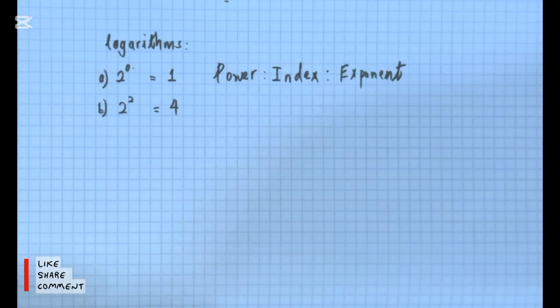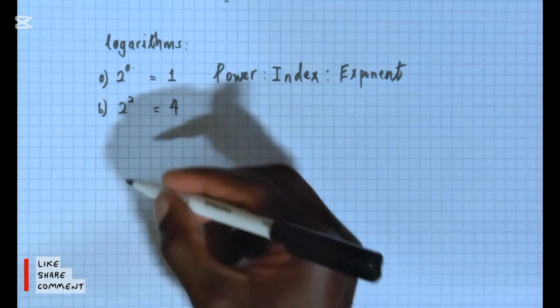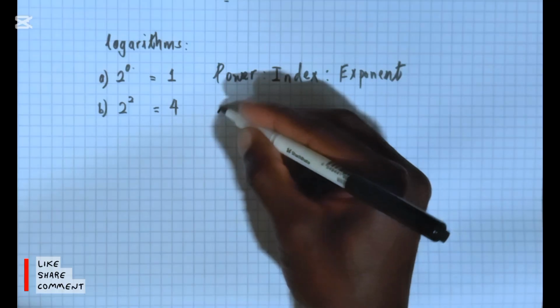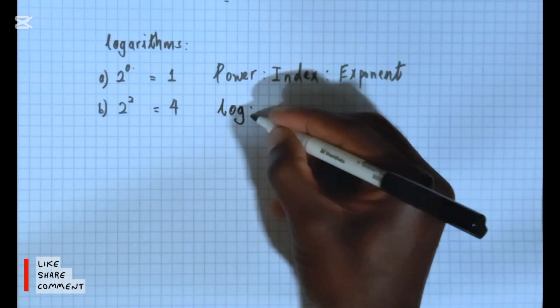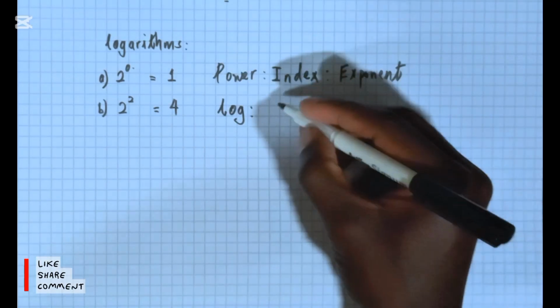So the class on logarithm, and the reason why I've introduced these concepts of indices is because the concept of logarithm is related to that of indices. Because logarithm is basically short form for the question, what is the index?